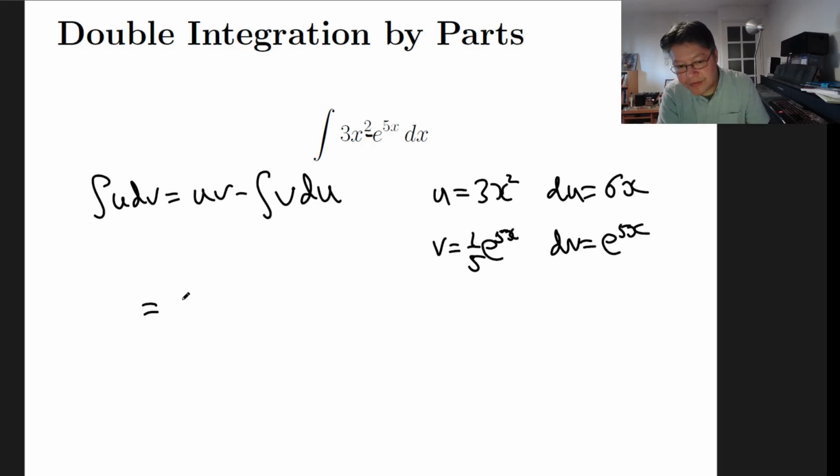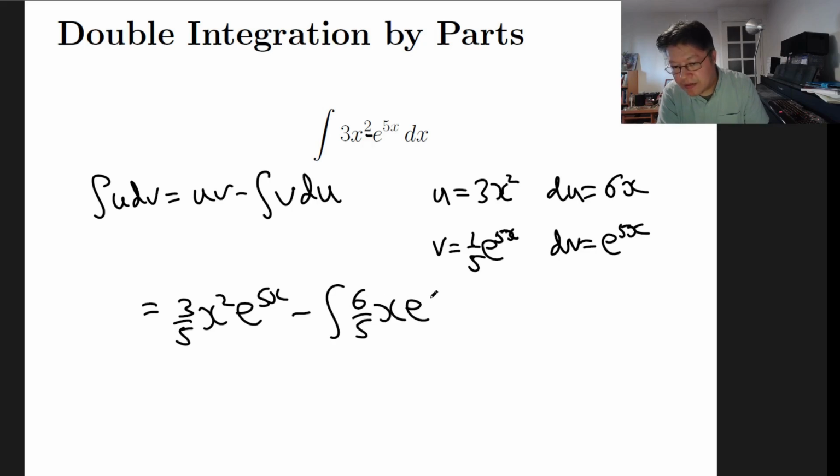So that's 3/5 x squared e to the 5x minus v du, the integral of v du, that's this diagonal here. So that's the integral of 6/5 x e to the 5x dx.